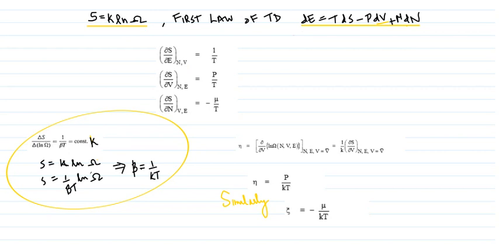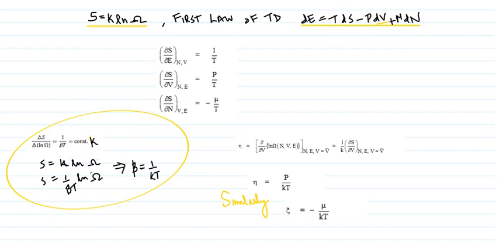Similarly, at the other condition where you have constant N and E, then this will be cancelled and this will be cancelled, right? Then you will have a relation between dS and dV, and at constant N and E you will get P by T, right?